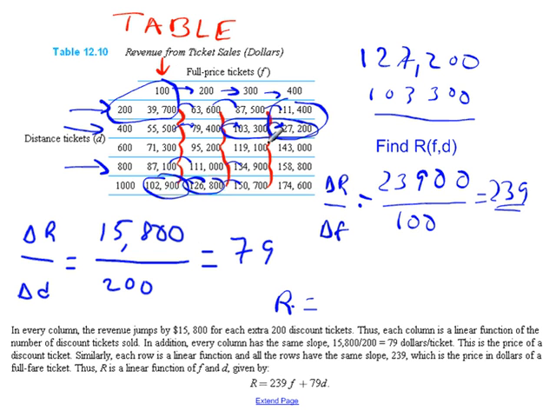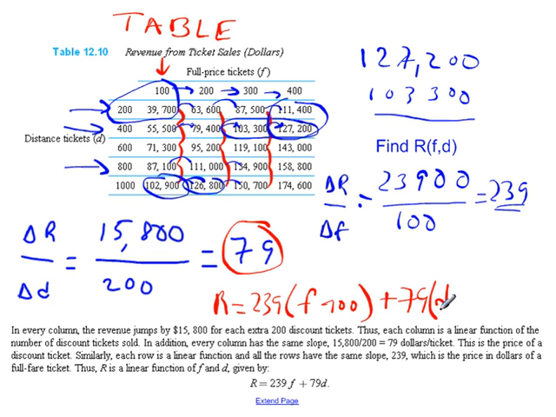So my revenue equals the change in revenue as my full price tickets change, so 239, times full price ticket minus 100, plus this slope, the change in revenue as distance tickets change, so 79, times D minus this D value, plus my Z value, or my revenue value, 39,700.